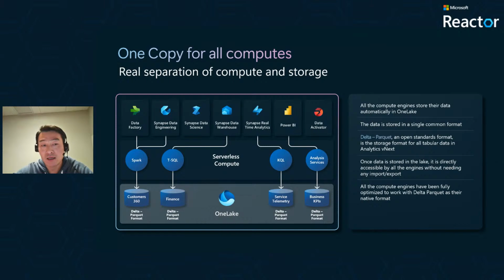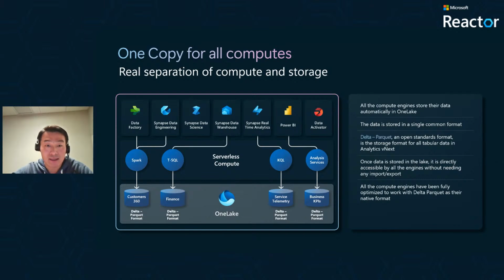You can copy it only once into OneLake and then reuse it across different workloads like Data Factory, Real-Time Intelligence, data engineering, etc. This not only reduces the complexity and the cost, but also makes it easier to share your data across teams or departments within your organization. So in short, this is the most efficient and scalable approach to unlock the full value of your data within the Microsoft Fabric system.